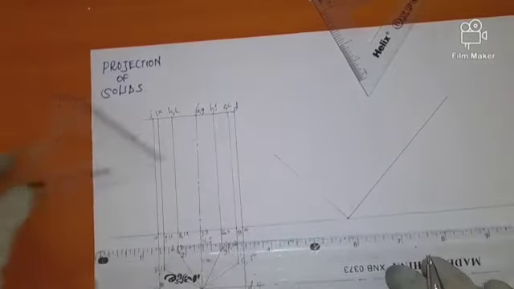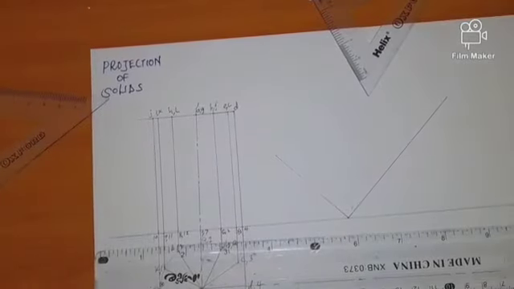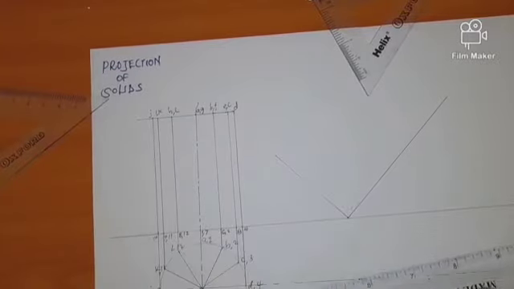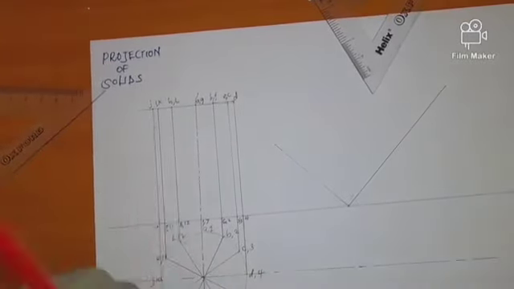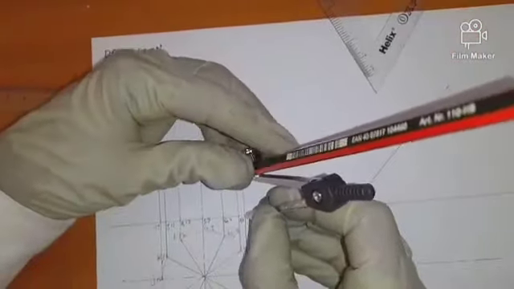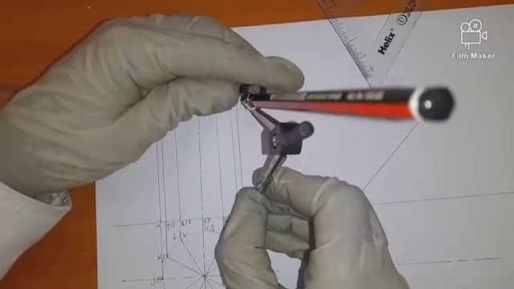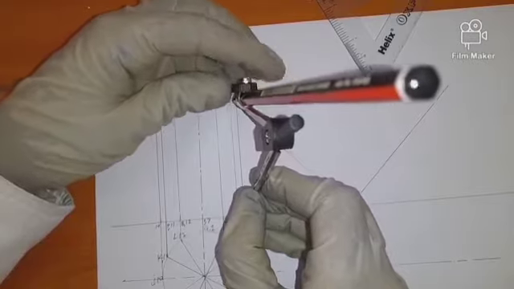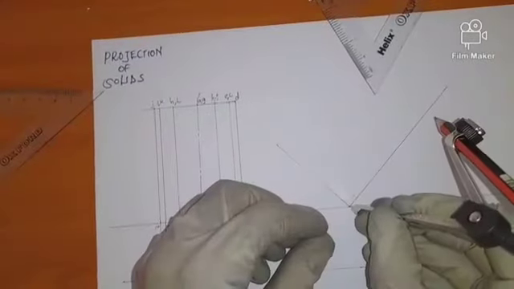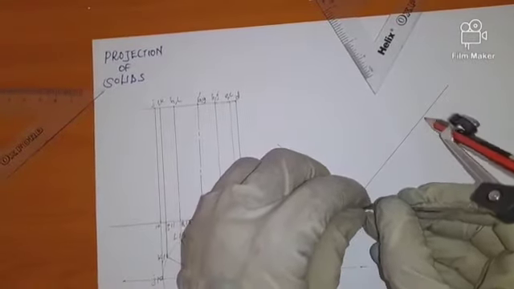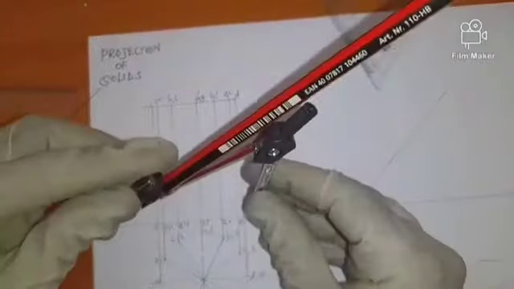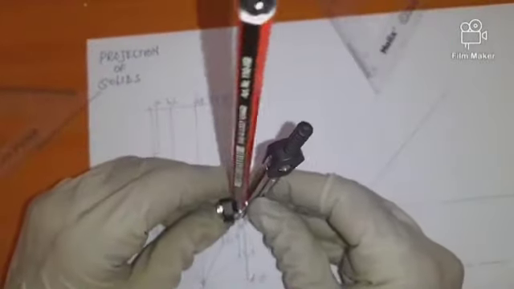Once you have done that, we are going to take your compass and just transfer the distances from this front elevation of our cylinder. It's just a copy and paste. We paste here. Now the first one, we copy this.